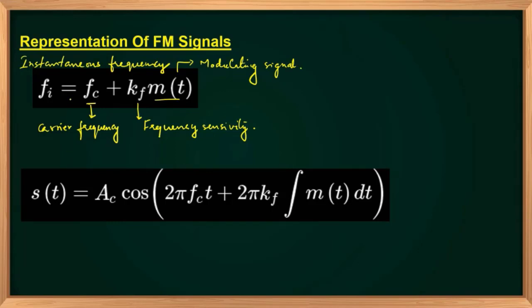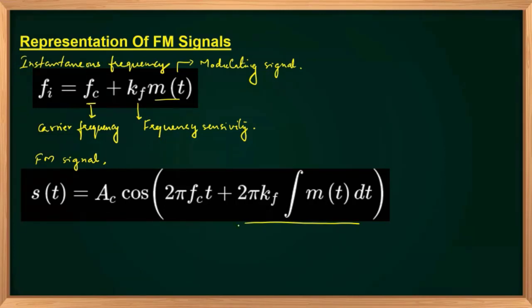Now, this equation gives the instantaneous frequency of the FM signal, and the FM signal as a function of the modulating signal is given as s(t) equal to Ac cos of 2 pi fc t plus 2 pi kf integral of m(t) dt. This term depends on the modulating signal.